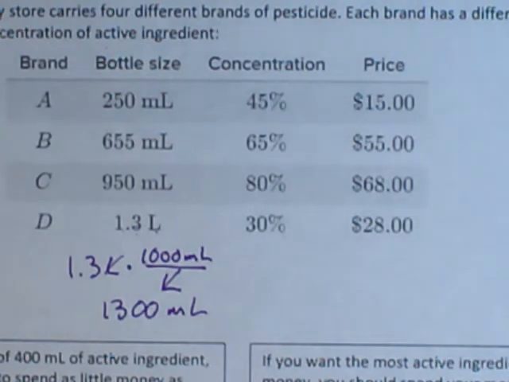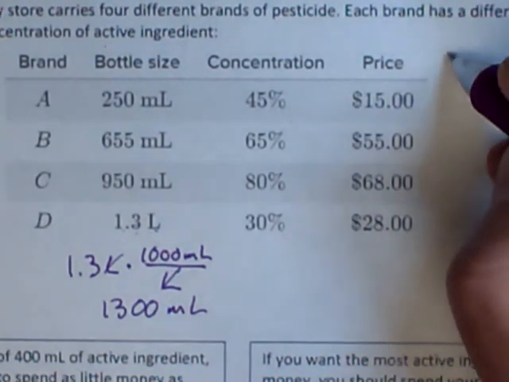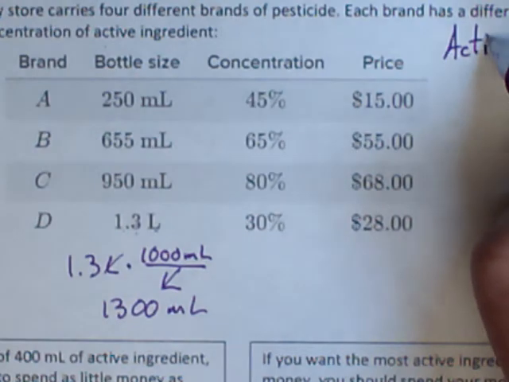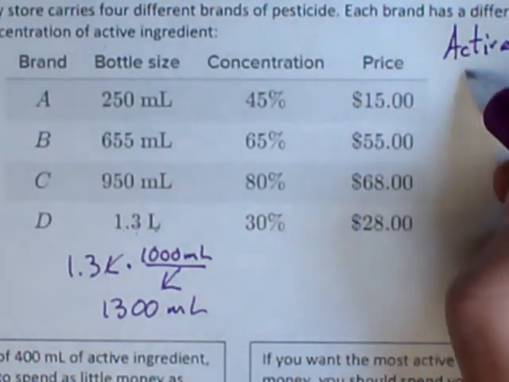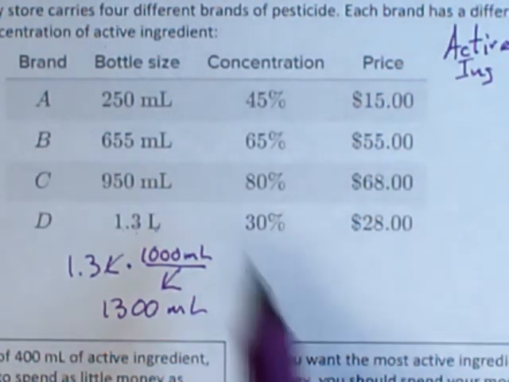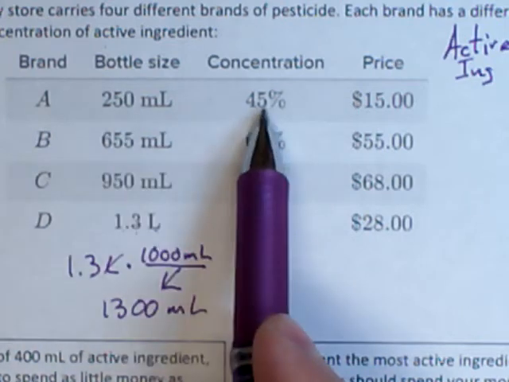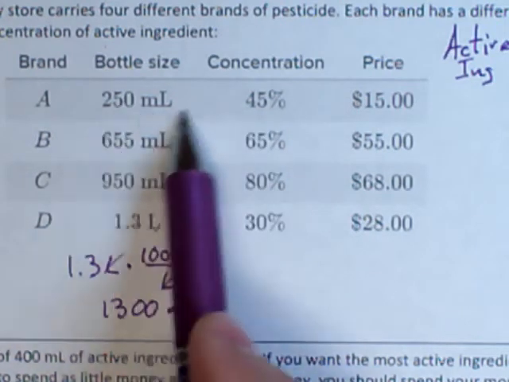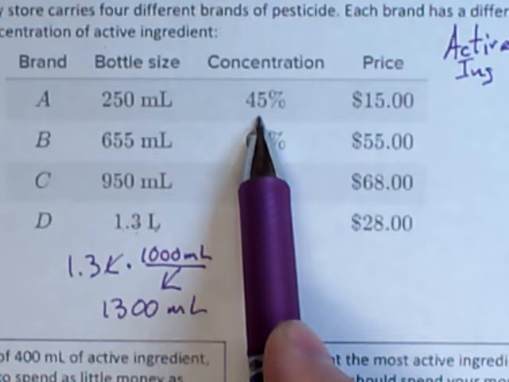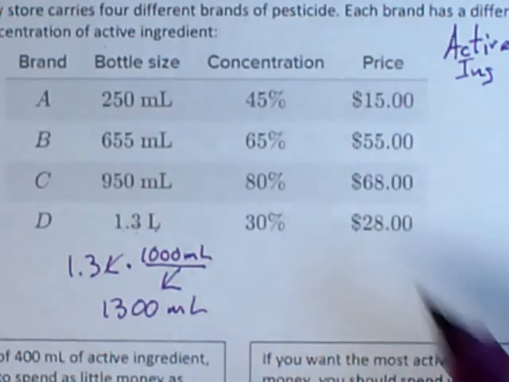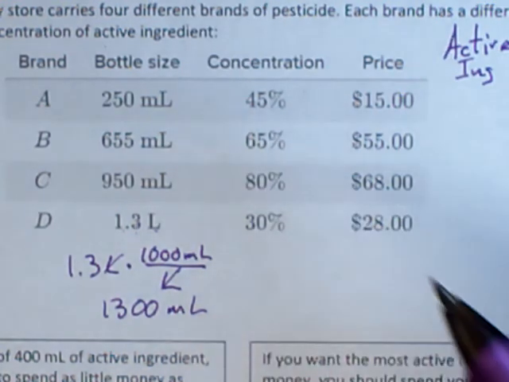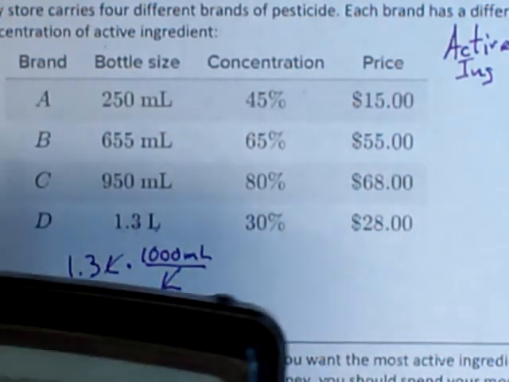One is active ingredient, how much? To find out how much active ingredient there is, I'm going to multiply the bottle size times the percentage as a decimal. To find this as a decimal, I would divide it by 100.